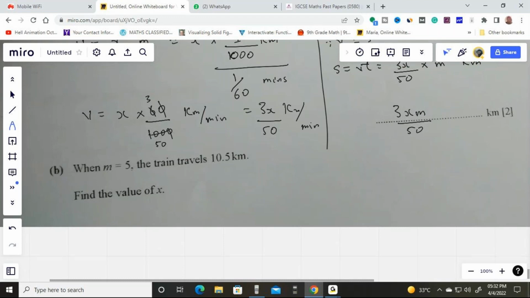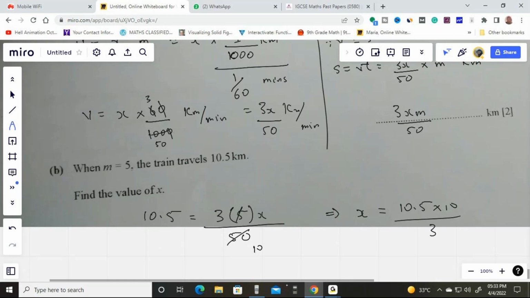They're asking you to find x. So s is 10.5 and is equal to 3 times 5x upon 50. I can cancel this 10 and this tells me that my x is equal to this upon this.